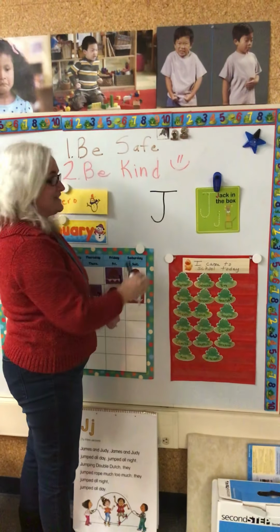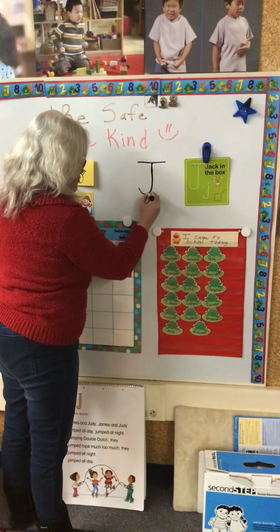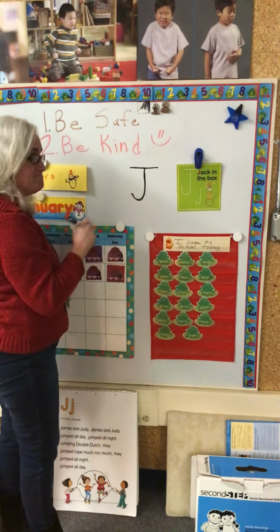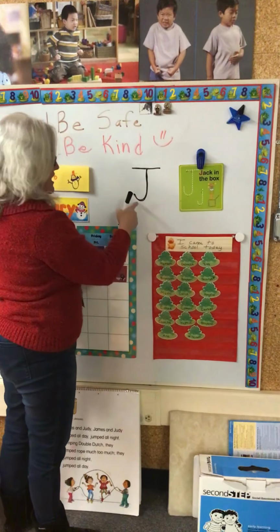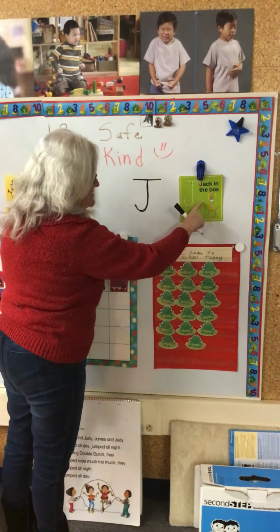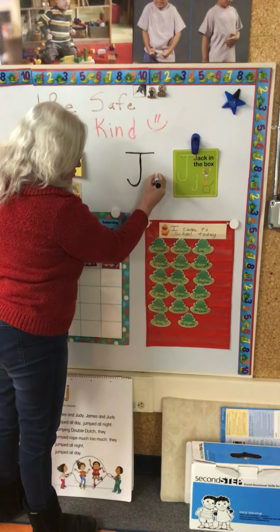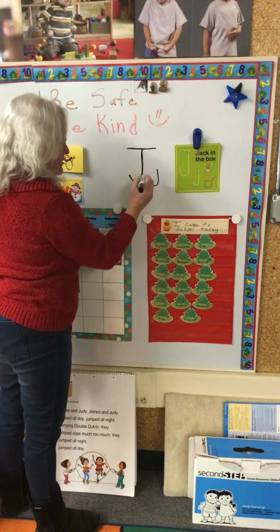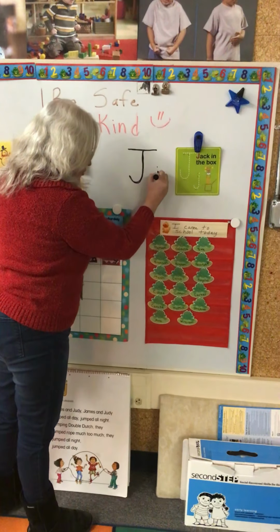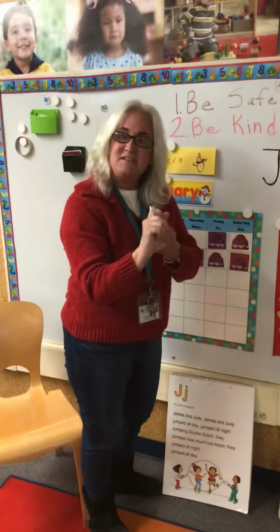It wears a little hat. That's an uppercase J. Here's your curve. There's your line. A lowercase j looks very similar, only it doesn't wear a hat. It's got a little dot, and it's smaller. Curve, dot. There you go. Curve, dot. There's your J's.